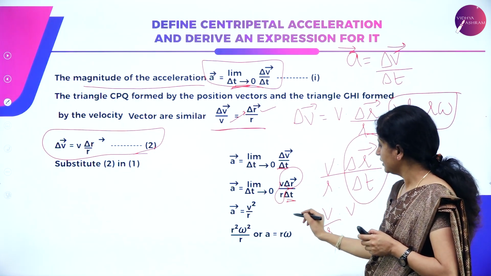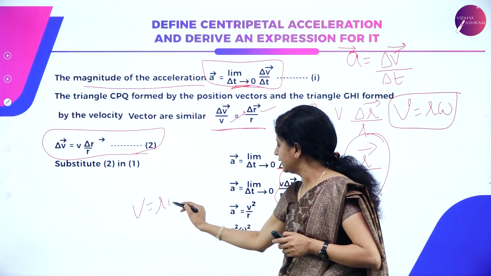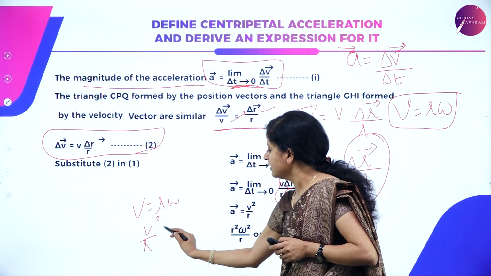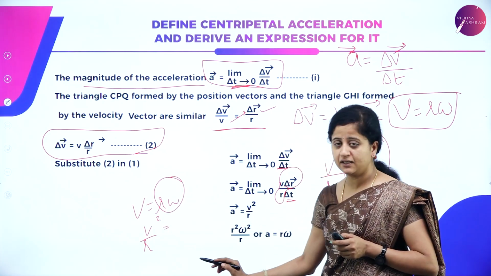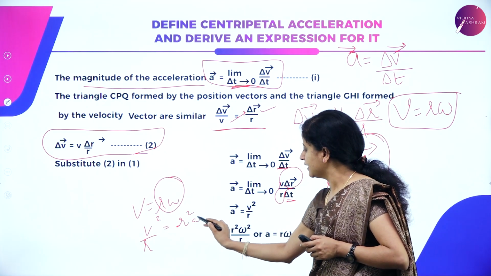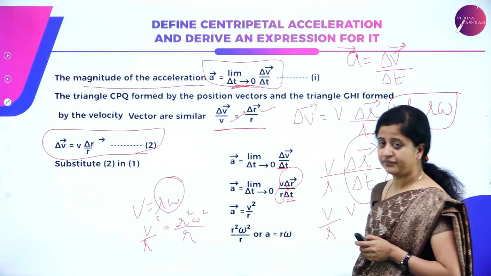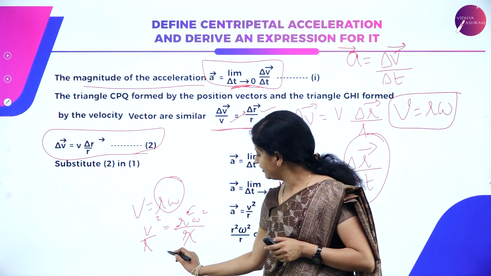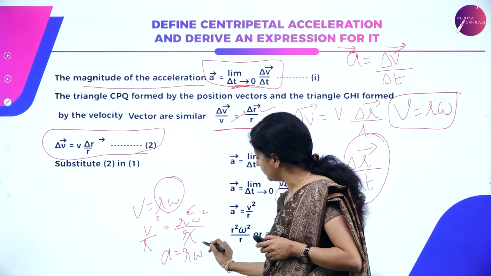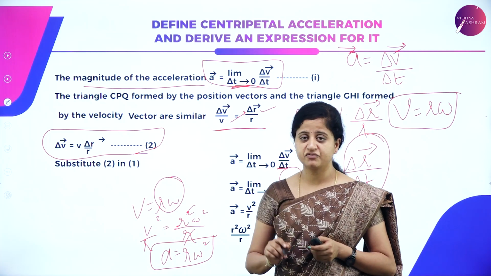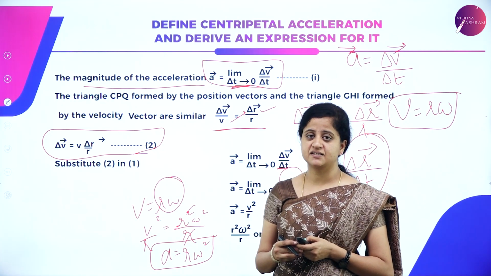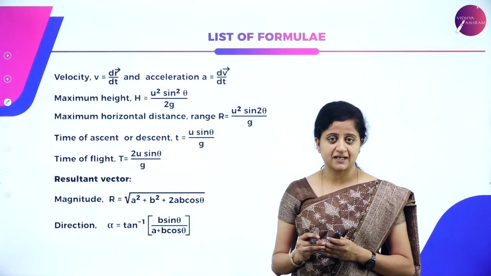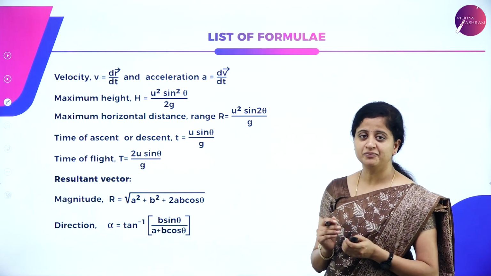So let us substitute V is equal to R omega in the place of V square in V square divided by R. So we get R square omega square divided by R. Now this R and one R get cancelled and we remain with A is equal to R omega square, which is the expression for centripetal acceleration. So that is all about the expression for the centripetal acceleration. Now let us move on to the numerical part.